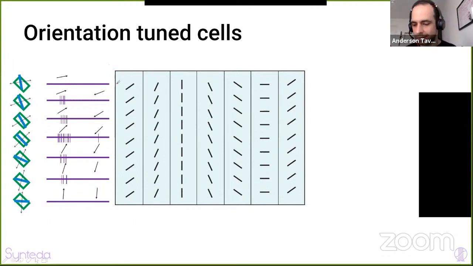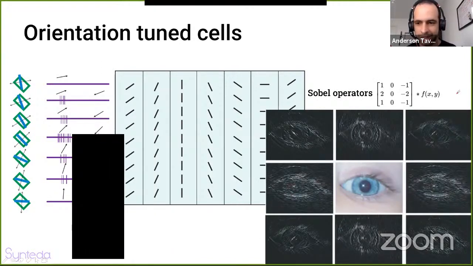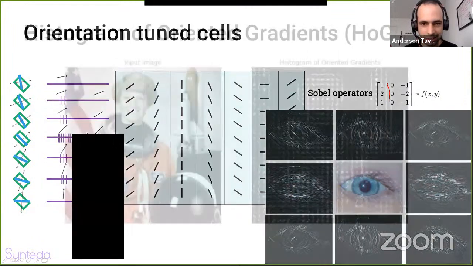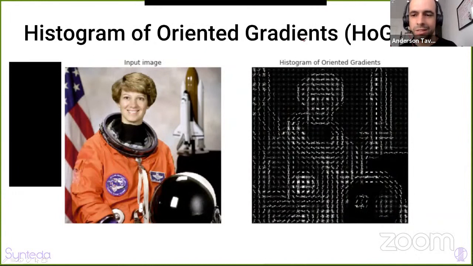So we could also do that on the computer vision side by using some edge operators. One of them is the Sobel operator, which is convolving the image with a filter. In this case, it's a filter that detects vertical edges, but we can also change the filter to detect edges in a different orientation, like here. Yes, there's another inspiration, which is the histogram of oriented gradients.